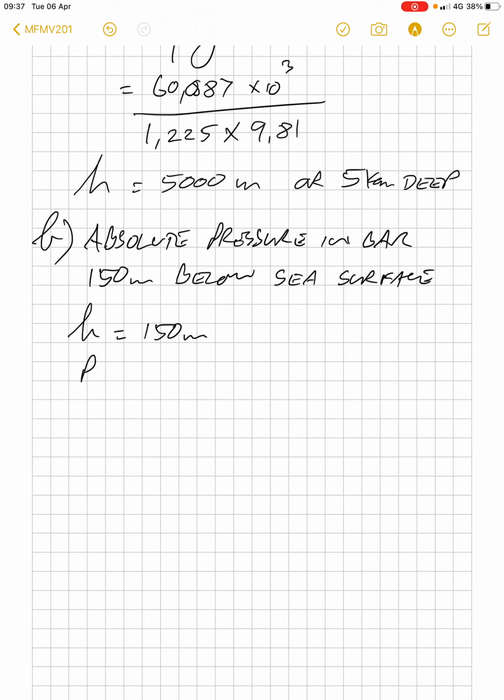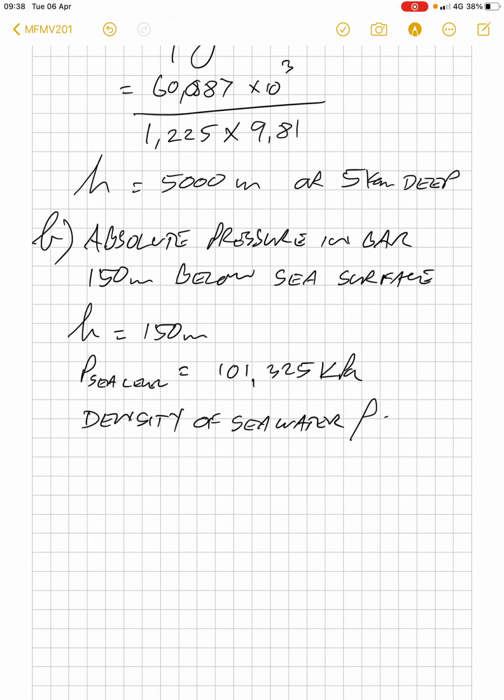The pressure at sea level is given as 101.325 kilopascals, atmospheric pressure. The density of seawater is 1025 kilograms per cubic meter.